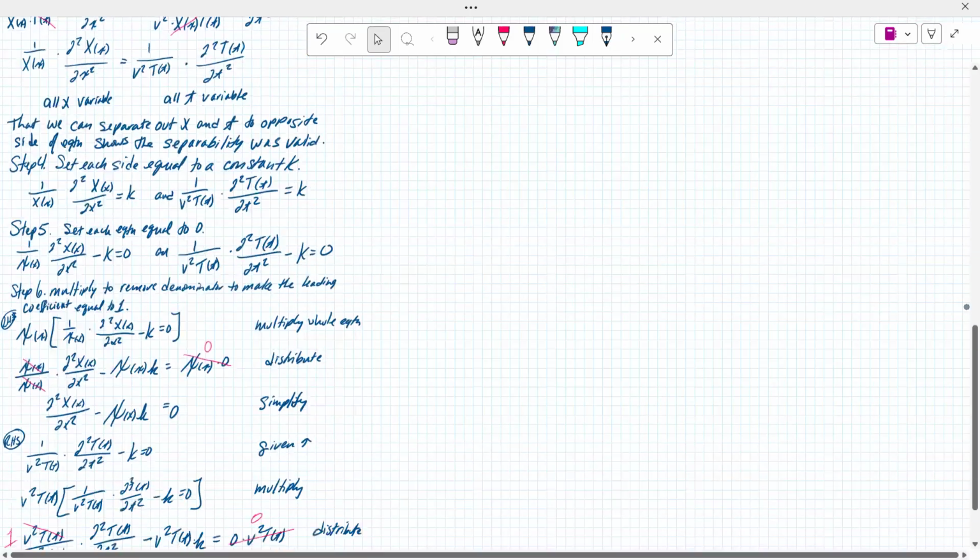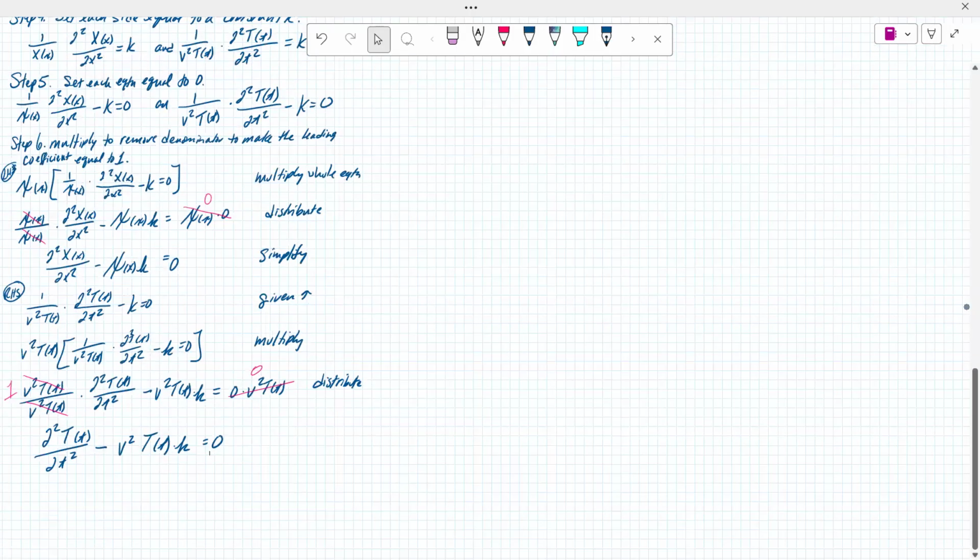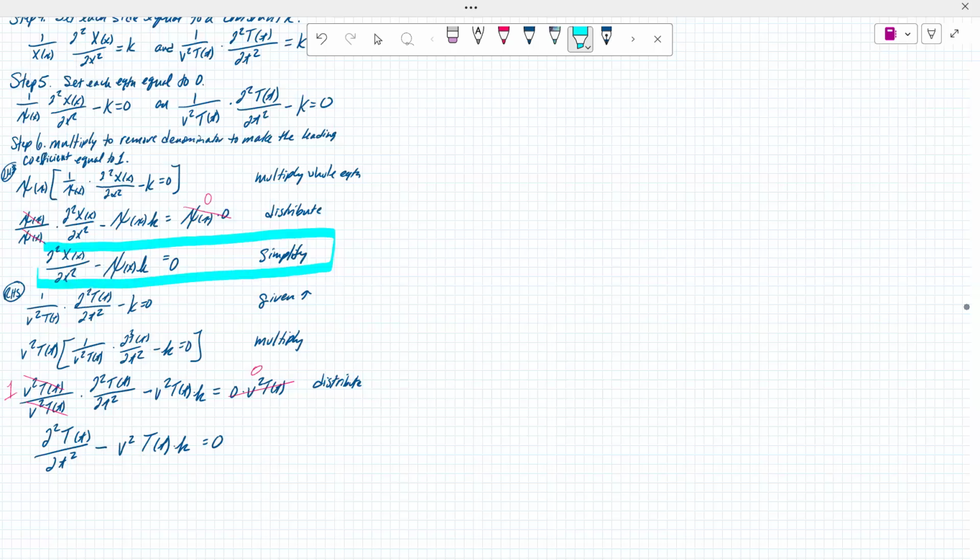Let's find them up here. We have the solution from the left-hand side, which is this one right here, this simplified version. We have this equation for the x's, and we have this equation down here for the t's.